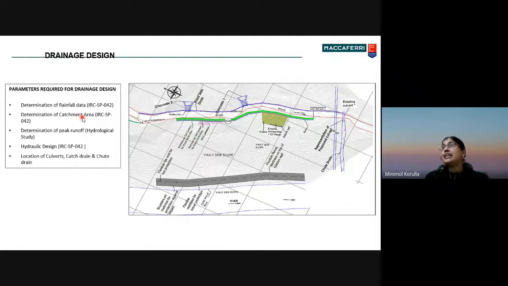And if the catchment area is also found out, then next, after evaluating the infiltration capacity, we may work out the peak runoff, or a hydrological study will be conducted. And then as per IRC 82, IRC 42, we can do the hydraulic design.